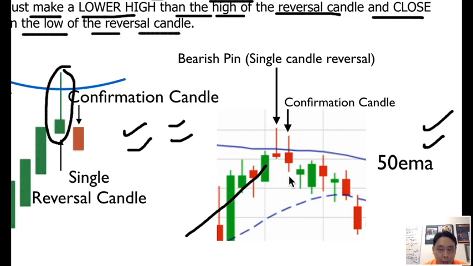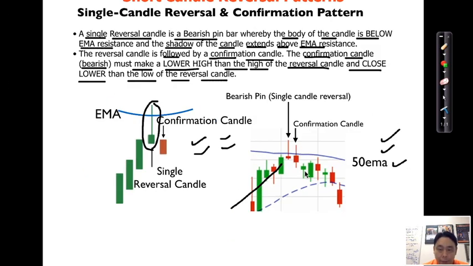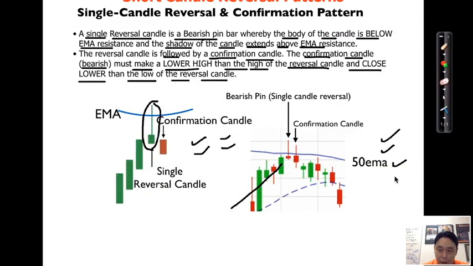Is it bearish? Yes, it is. Does it make a lower high than the high of the reversal candle? Yes, check. Does it close below the low of this candle? Yes, check. All boxes are ticked. It's a confirmed single candle reversal with a confirmation. We can go short.